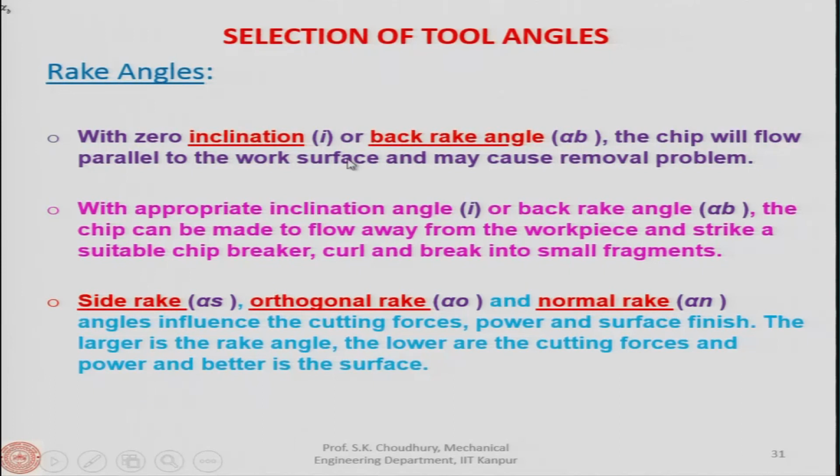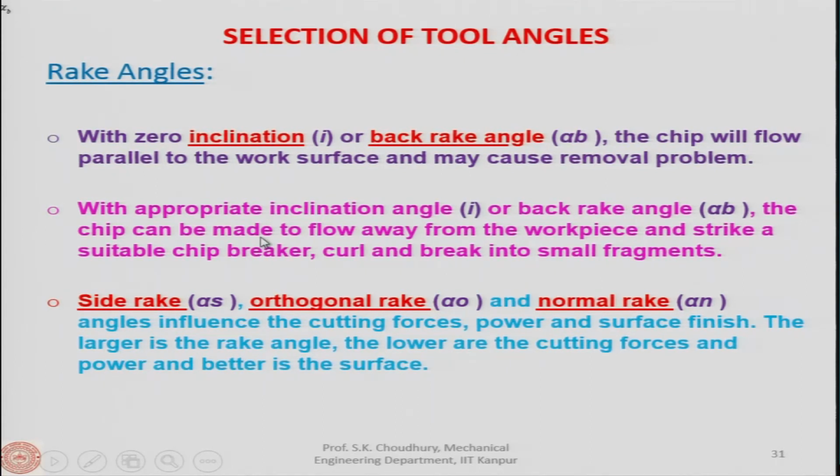I told you when we discussed continuous chip formation that it is not desirable, because it will scratch the workpiece and scratch the tool, spoiling the tool geometry and also the already machined surface. So, with a 0 inclination angle or back rake angle, the chip flows parallel to the workpiece surface and will be difficult to remove. So, we have to have some inclination angle value or back rake angle.